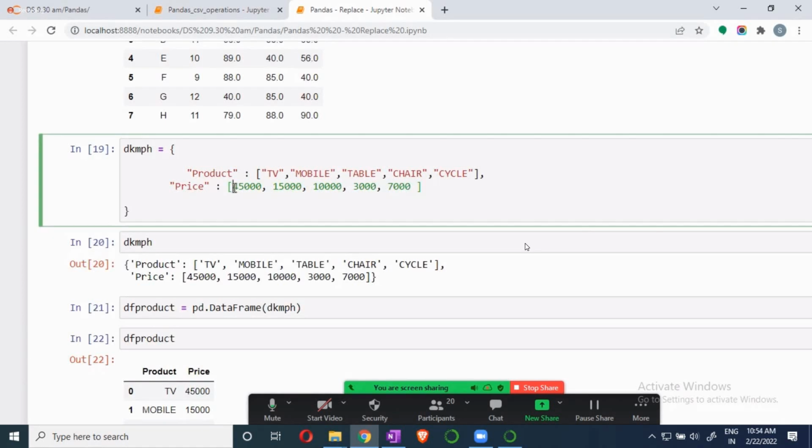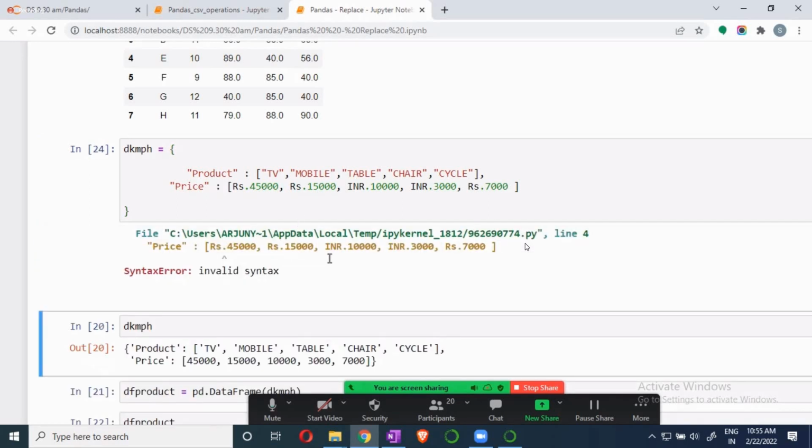Now see this. What is this? $45,000. This is rupees, or INR. You want to put INR. There is a syntax error.